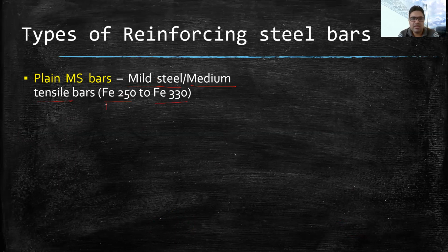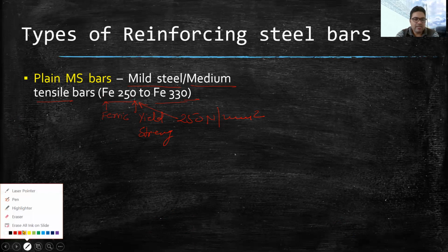Here Fe refers to ferric, and 250 is the yield strength, in units of 250 Newton per mm square. So plain MS bar strength varies from 250 to 330 Newton per mm square. This is the yield strength that we generally consider.